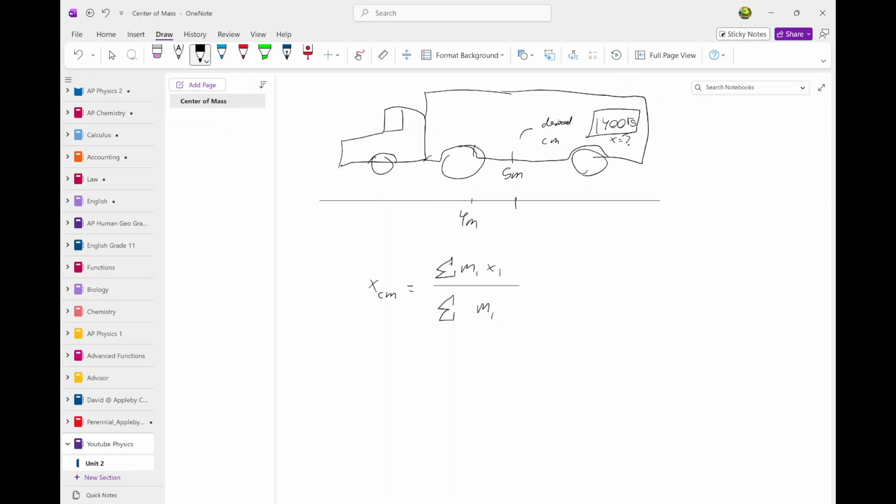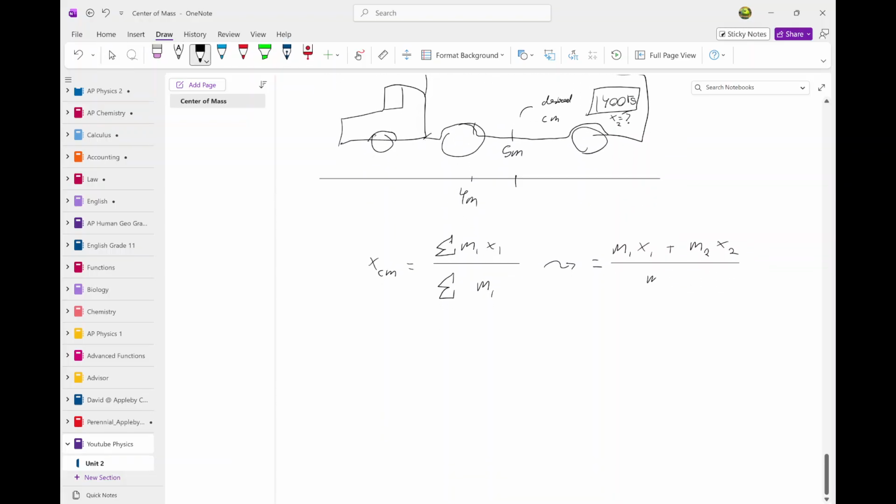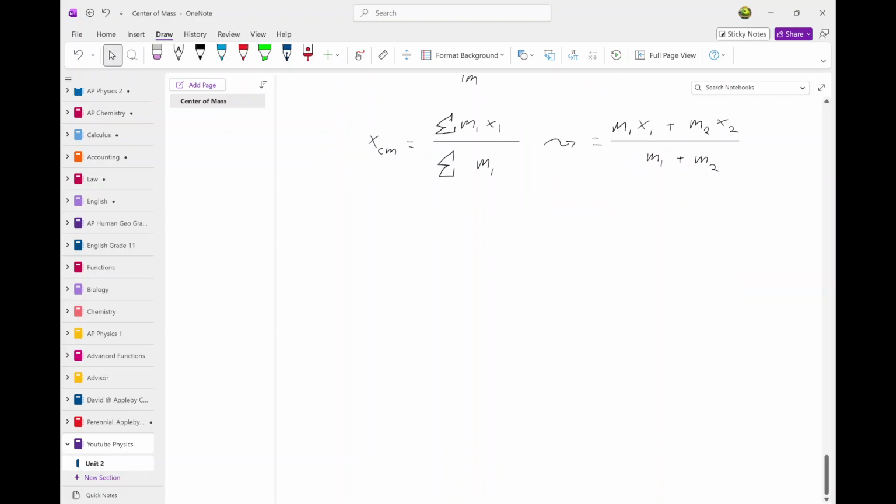So then this will be the mass of the truck times its position plus the second mass times its position, so this would be x2, and then we just divide by m1 plus m2. So we have x cm equals that.